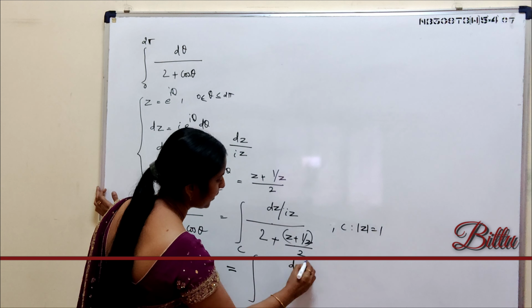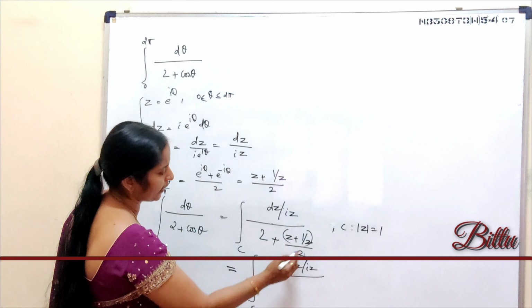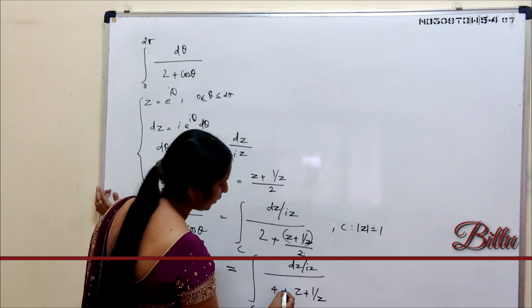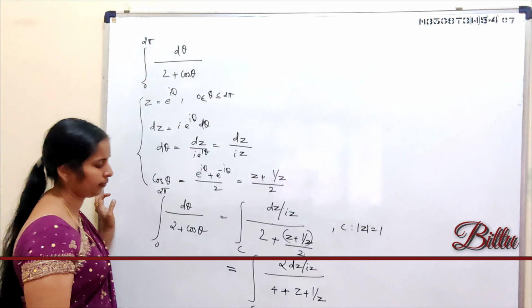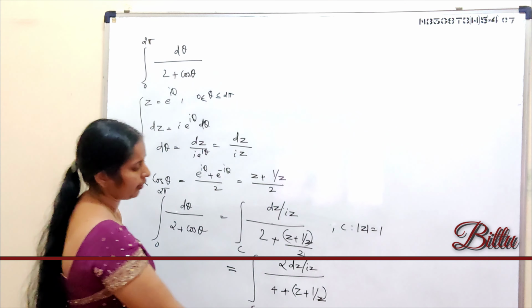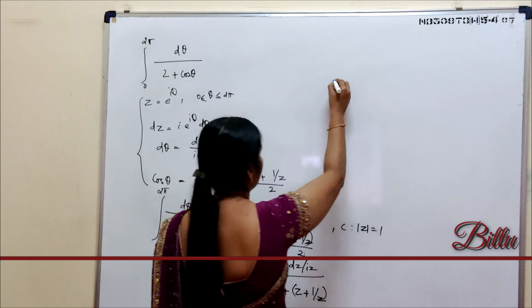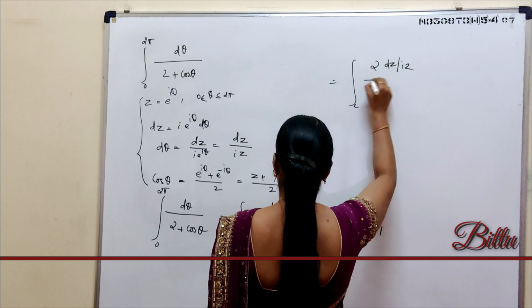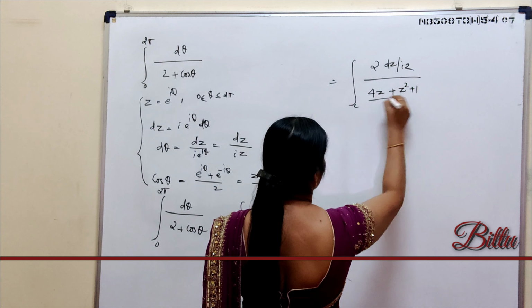Integral over c dz by iz plus, here I take 2 LCM, that is 4 plus z plus 1 by z. 2 is the LCM and it goes to the numerator. Next, I should take z LCM, that is integral over c 2 dz by iz by 4z plus z square plus 1 by z.